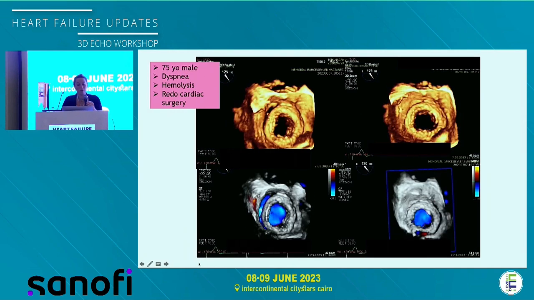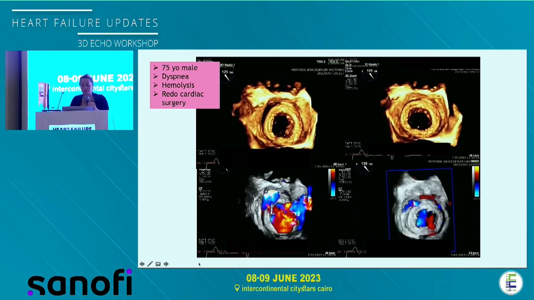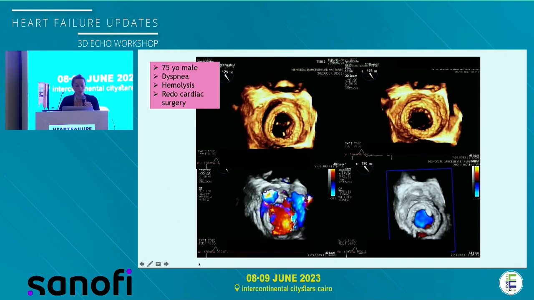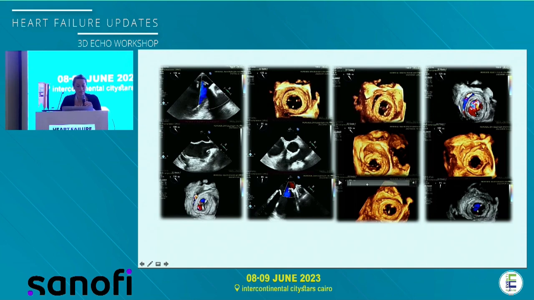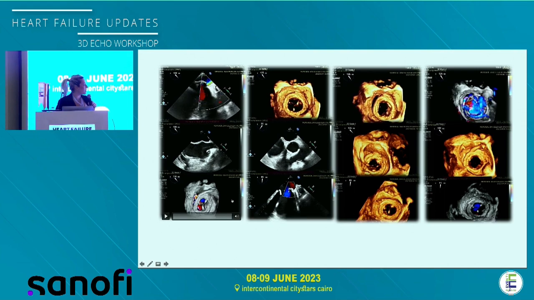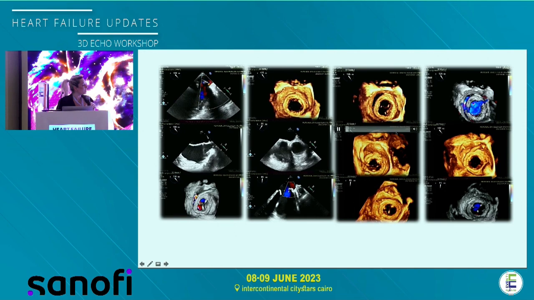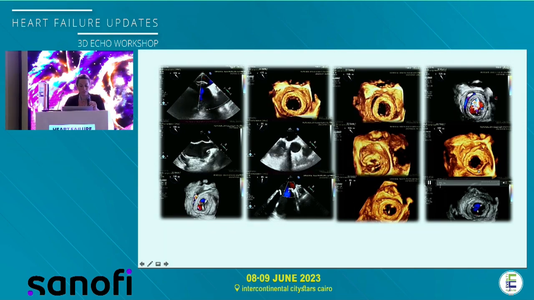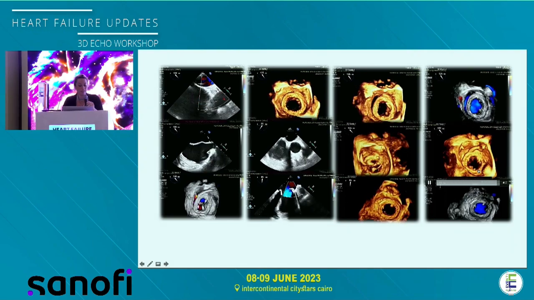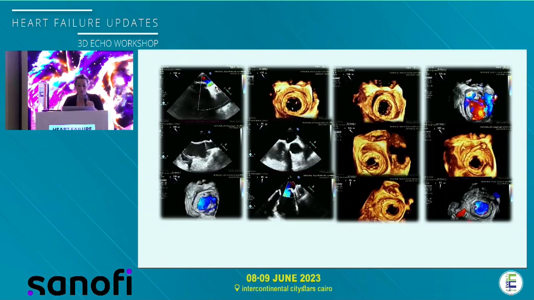So we had to go with a percutaneous PVL closure, because the patient had no other chance after 2 surgeries. But at the end, we were successful because after we put a single device at 11 o'clock position, the result was quite good, and we didn't need to put any other device because there was no residual regurgitation.